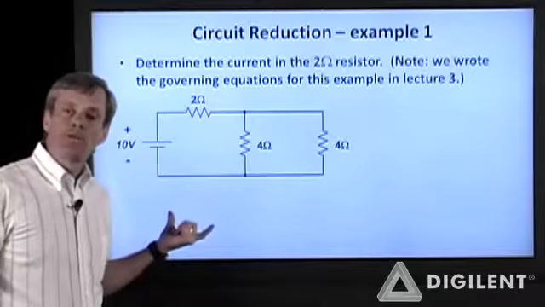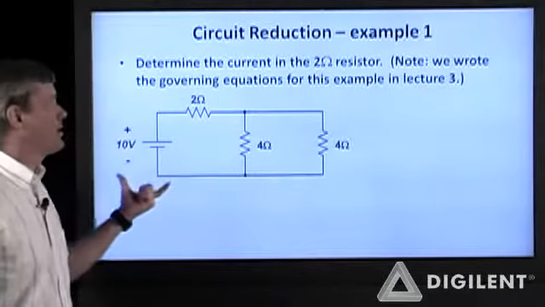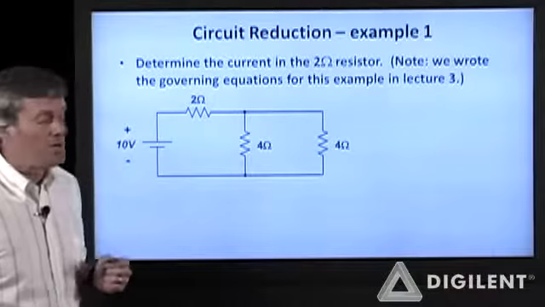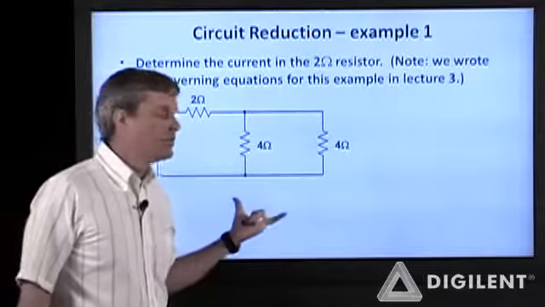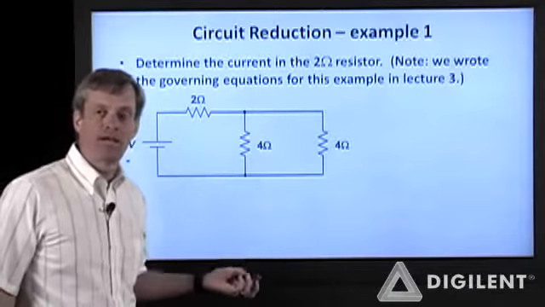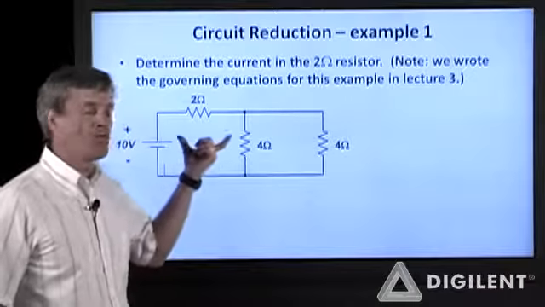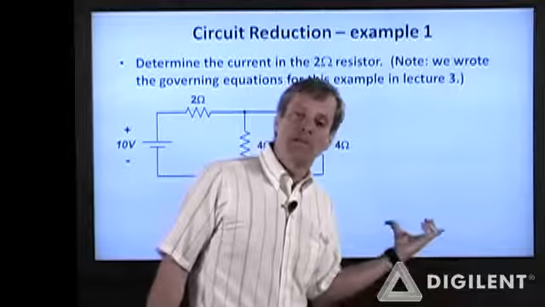An example circuit reduction problem. We want to take this example circuit and determine the current through the 2 ohm resistor. Now, way back in lecture 3, we did this example using KVL, KCL, and Ohm's law. We did an exhaustive approach in which we wrote 6 equations and 6 unknowns. We never even bothered to solve them.